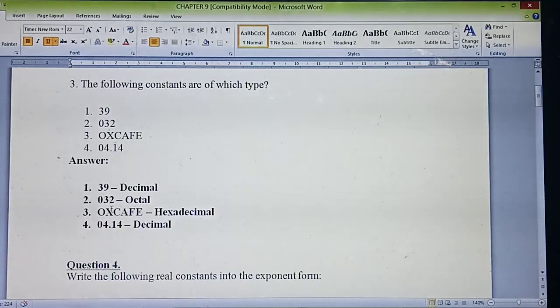39 is decimal. A number that starts with 0 means octal. 0x means hexadecimal. Then if a point is there, it is decimal, okay. Write the answer. Write it fast.